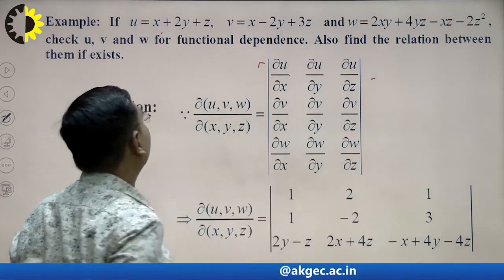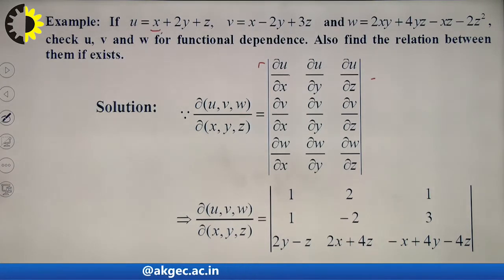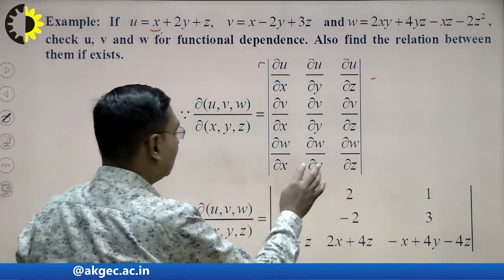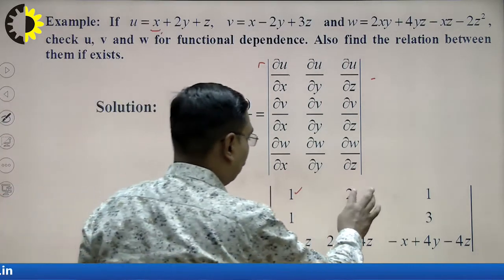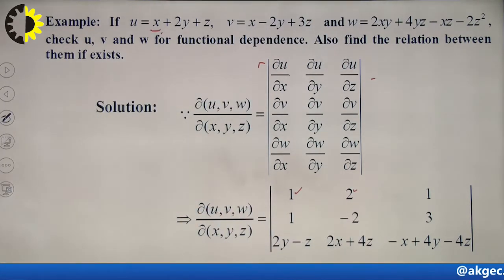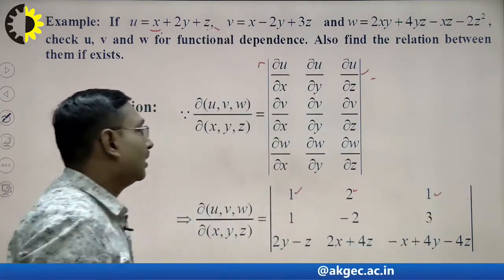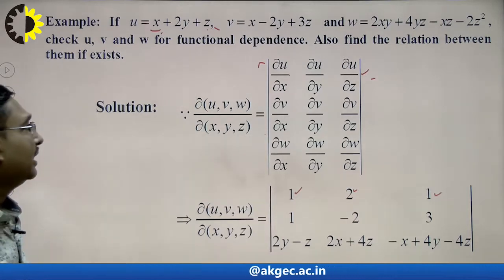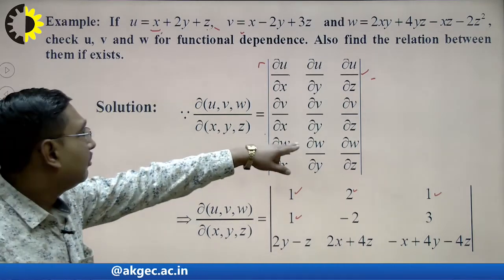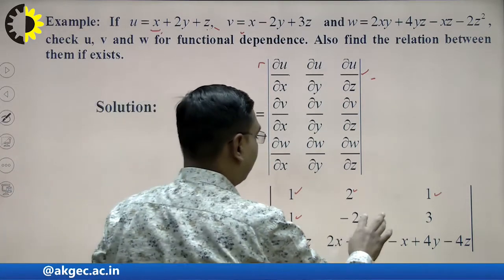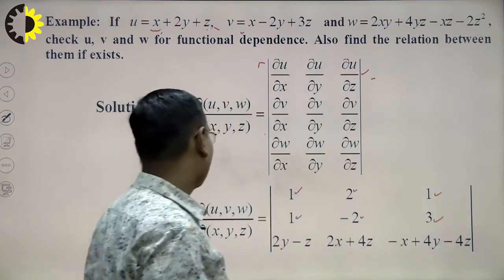Del u upon del x will be 1 because y and z give 0 on partial differentiation with respect to x. So, 1 is written here. Del u upon del y will be 2 because x and z will be 0, and similarly del u upon del z gives 1. Now, del v upon del x will be 1, del v upon del y will be minus 2, and del v upon del z will be 3.